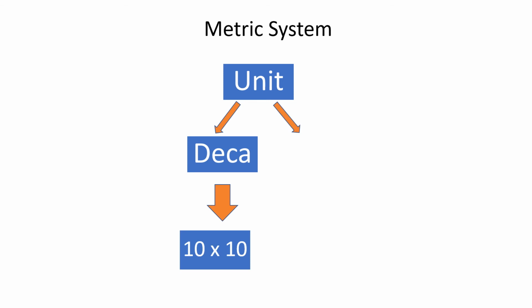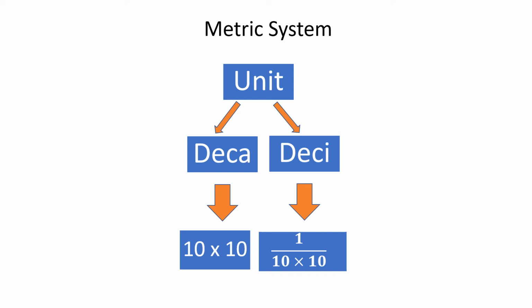Okay. So when you go from unit to deci, in terms of length you divide by 10, but when you are dealing with area-related units, you need to divide not by 10 but by two tens. That means 1 divided by 10 times 10.